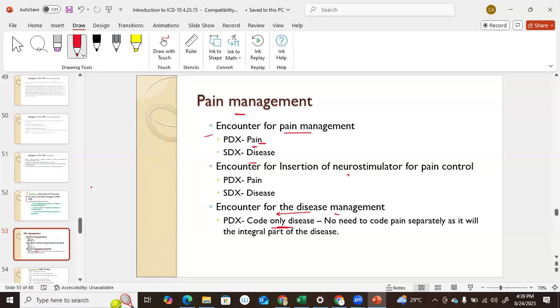We will not code pain. We code pain only if the patient is getting treatment for the pain. If the patient is getting treatment for the disease, then we code the disease. We will not use a pain code from series G89 because that is inclusive in the disease code.